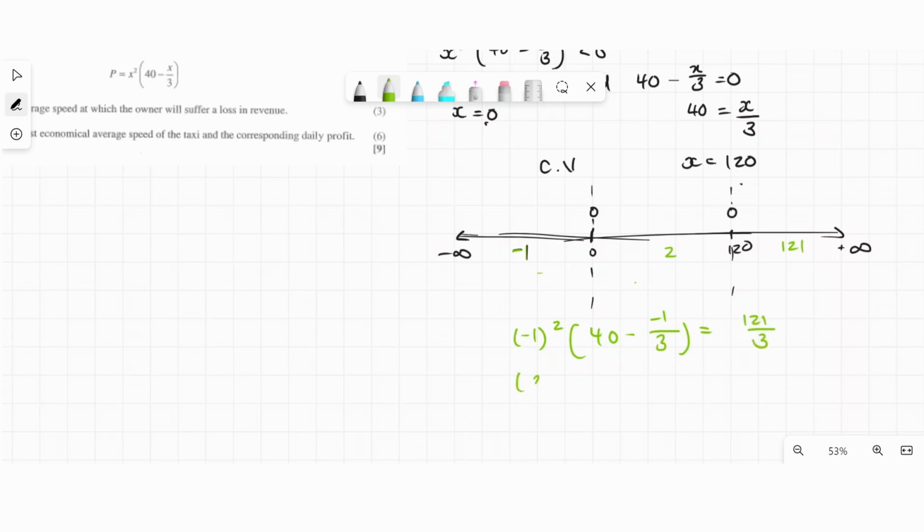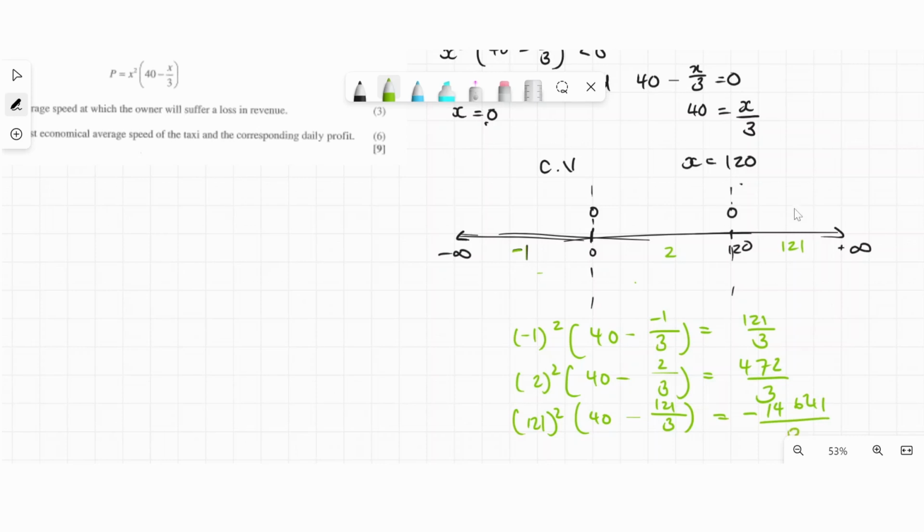Then the second one is 2 squared, then 40 minus 2 divided by 3, which gives me 472 divided by 3. And the last one is 121 squared, then 40 minus 121 divided by 3, which gives me negative 14,641 divided by 3.